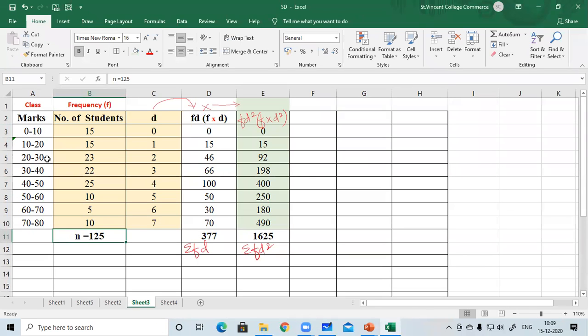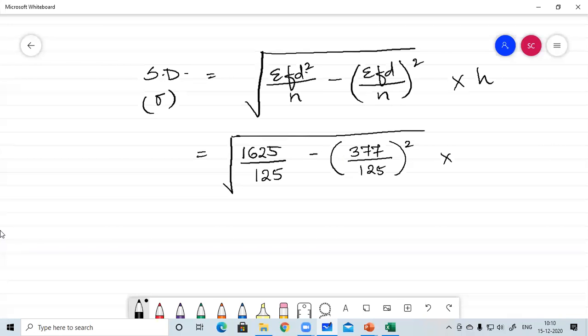Class interval. Normally class interval formula is upper limit plus lower limit, but many times you will not get that if you don't convert a discontinuous or inclusive class into an exclusive or continuous class. So the best is to take the difference between any two numbers vertically.